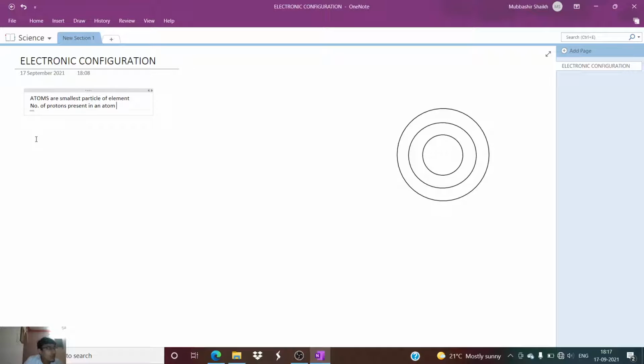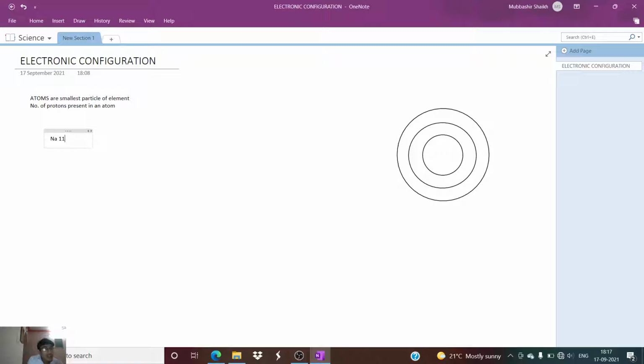Electronic configuration is a group of numbers which gives us information about the atom or the element. Let me explain this with an example. What is the atomic number of sodium? We all know that the atomic number of sodium, that is Na, is 11.